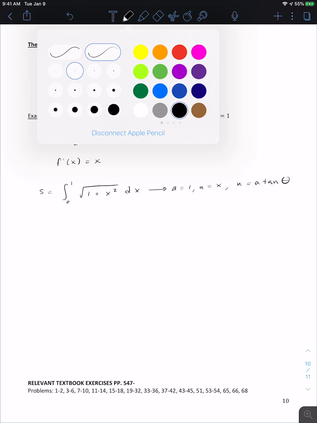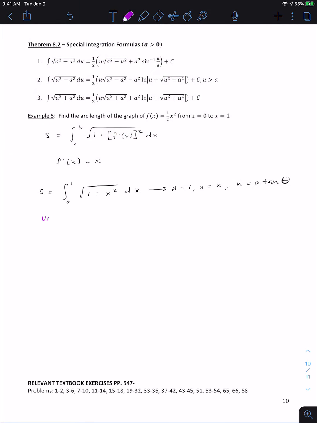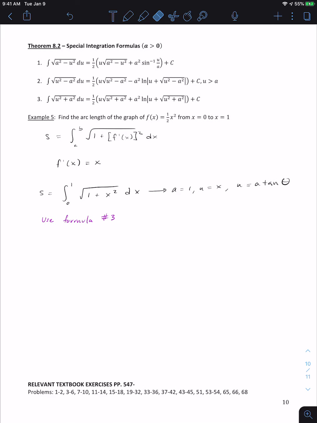So let's use formula number 3. In this case, what is our u and what is our a? Again, our u is the one with x, so what are we squaring? We're squaring x. So this is with u equals x and a equals 1, right?